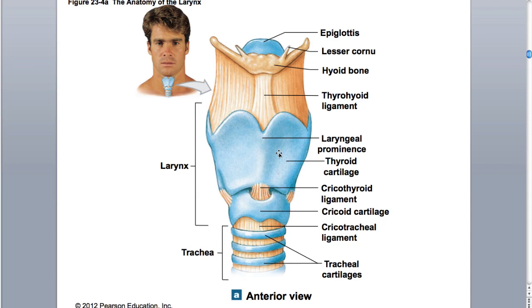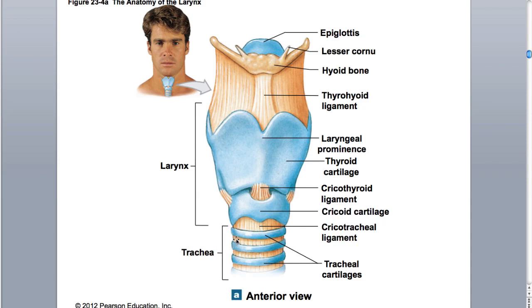The larynx itself, and there's that prominence, which is the thing that juts out in guys. Another ligament, and then we have our thyroid cartilage, this big region here, the cricothyroid, and the cricoid cartilage, and then the tracheal cartilage is down here. Okay, so be aware of this picture.